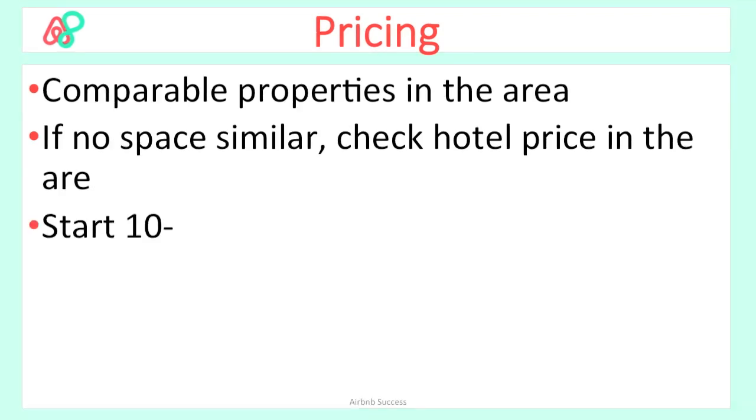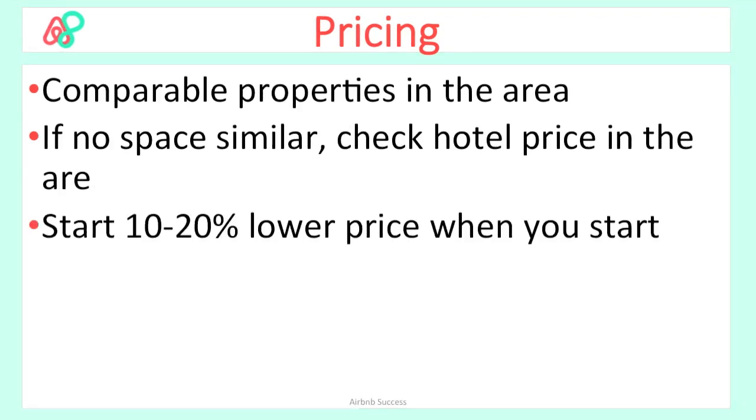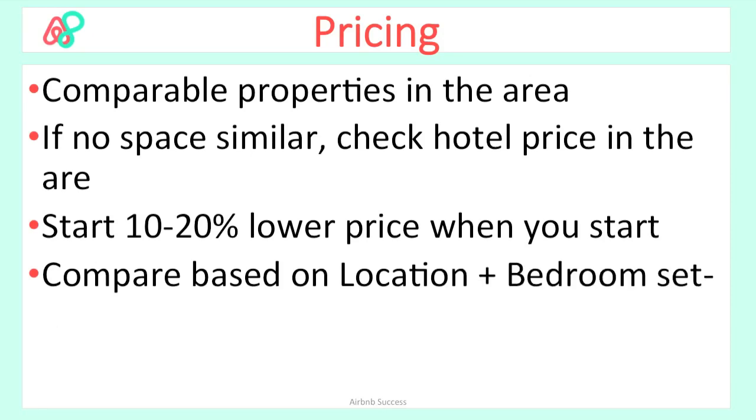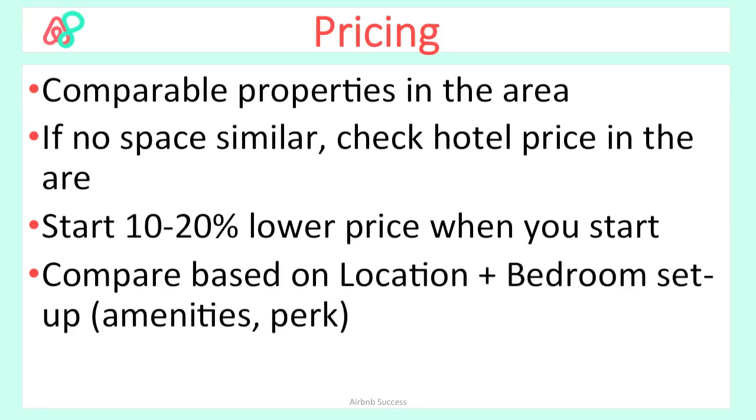So start 10 to 20% lower than the price in your area, compared based on the location, the number of bedrooms, the type of amenities you provide for the guests, and any extra things you provide, like stock, beer or beverages in the fridge, or giving them some extra things like mints or chocolate.